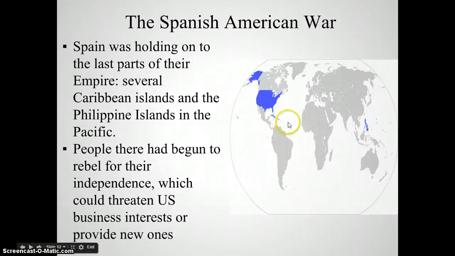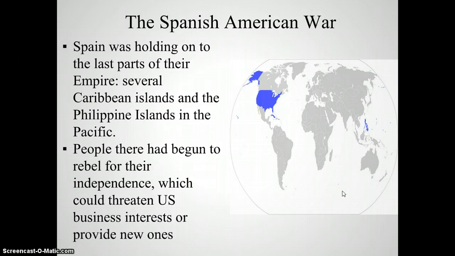And Spain holds now just a series of islands in the Caribbean, and this series of islands here, the Philippines in Southeast Asia. In both of these places, the people that live there are rebelling against Spanish control. They want to be independent, they want to have control over their resources.